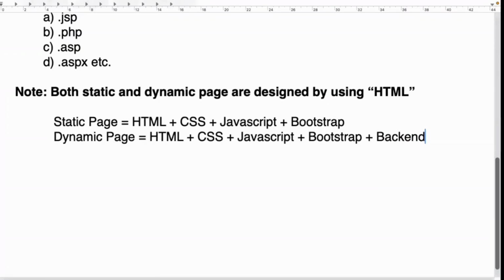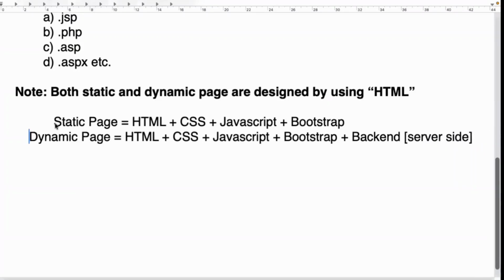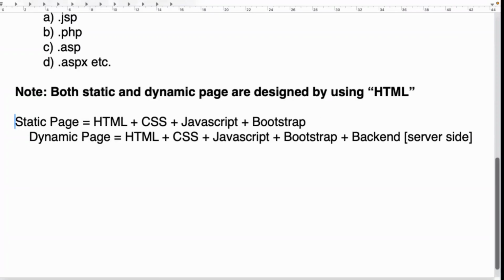Backend means server side pages, server side scripts. So better you say server side script. A dynamic page has all these things, only that extra it has a server script.